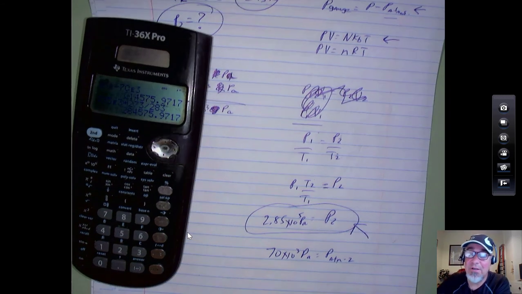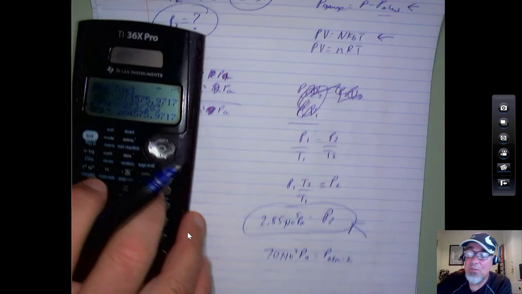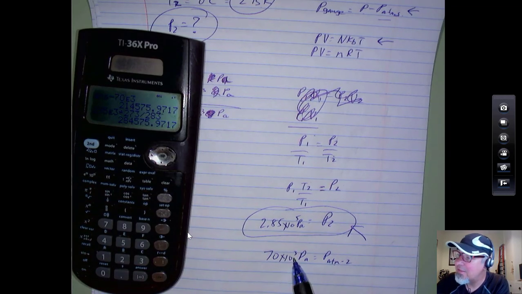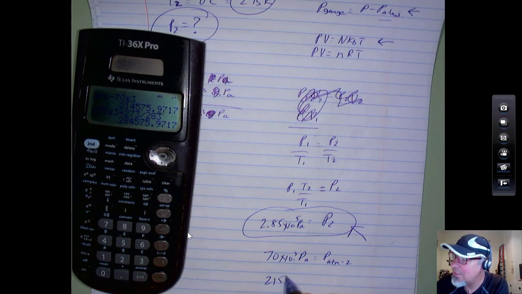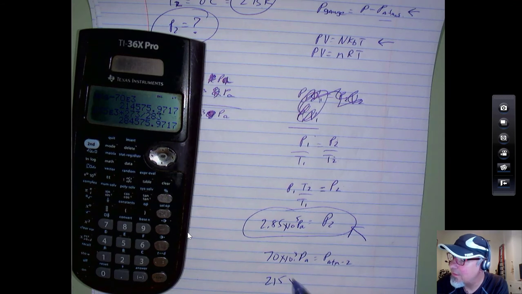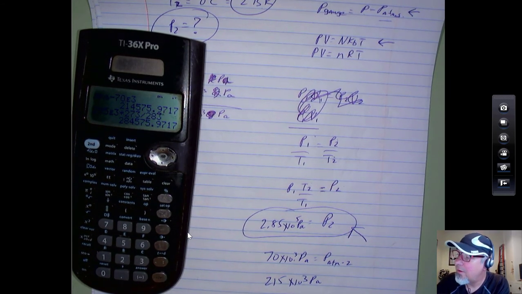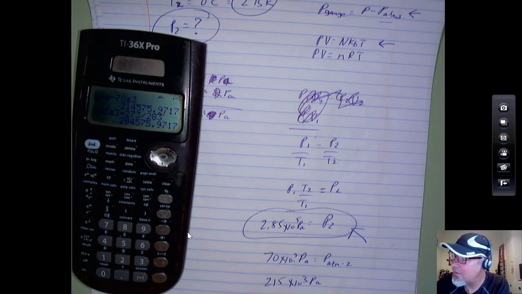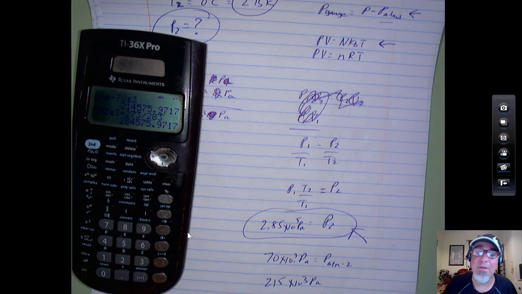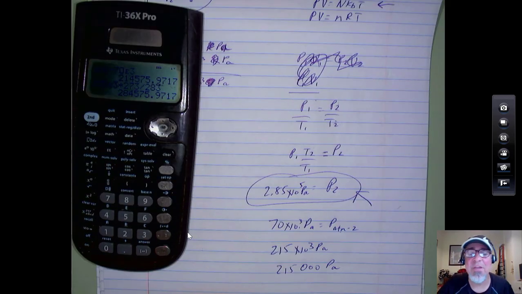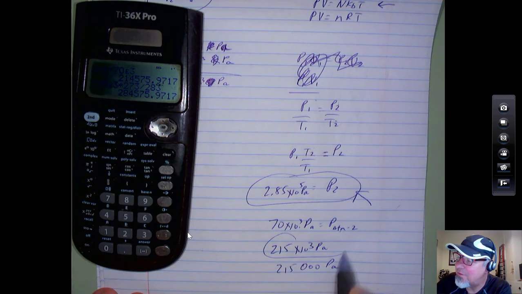If you take this minus this, you get 215 times 10 to the third, depends on how you want to write it, or 215,000 pascals. Again, it depends on what mode you have your calculator in, scientific notation or otherwise. Anyway, this is the same thing as this.